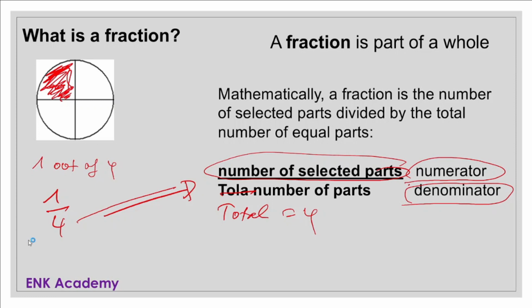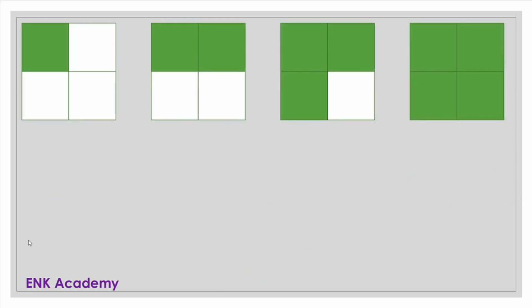So in this case, we will have 1 over 4, and then 1 is the numerator, and then 4 is the denominator. And this is how fractions are defined mathematically.